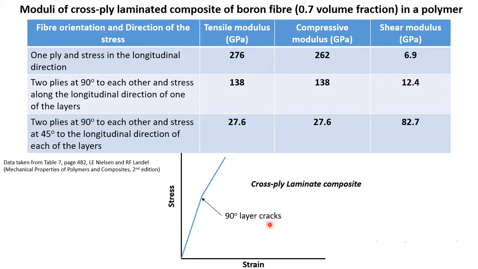In this situation, the layer which is aligned in the direction of load takes all the stress, and the layer which is at 90 degrees does not take any load. So we can see this kind of stress strain behavior for a cross ply laminate composite.